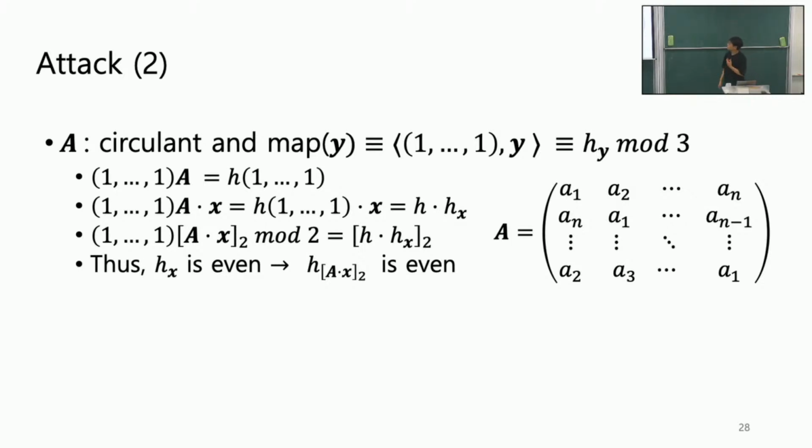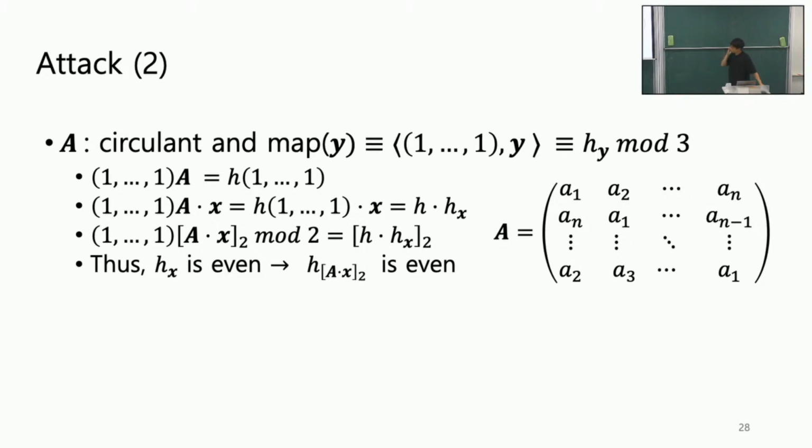Since each column vector of a circulant matrix is unique up to rotations, the number of non-zero entries in each column vector of A is the same, called H. Then from H, the vector of ones is a left eigenvector of A with an eigenvalue H. From this, we observed second equations and third equations.